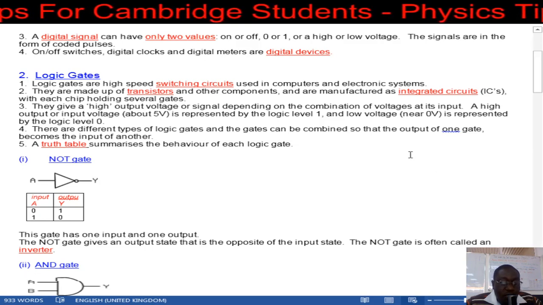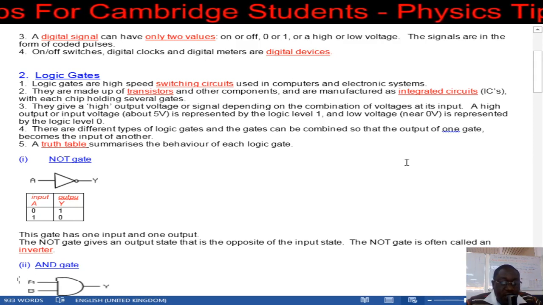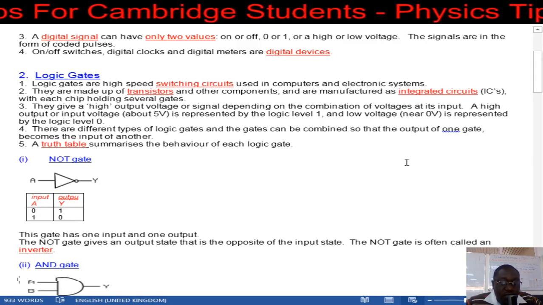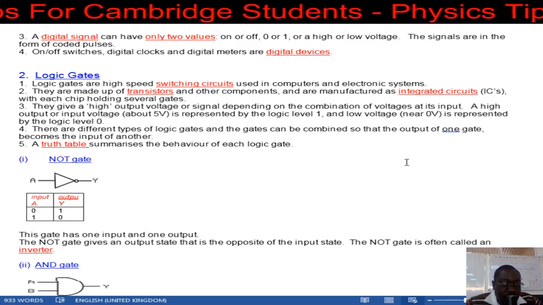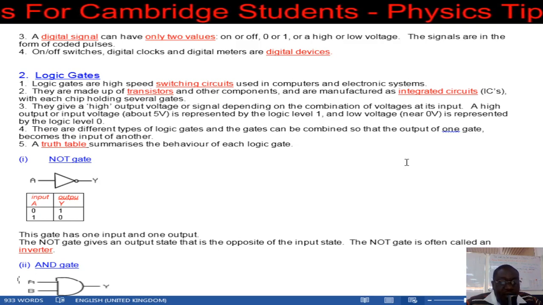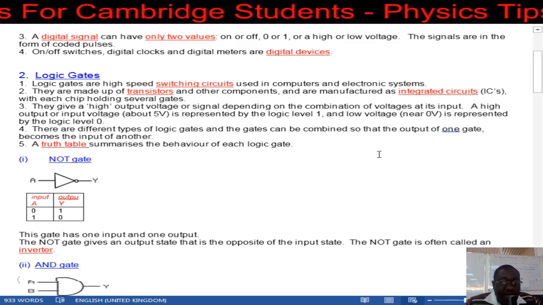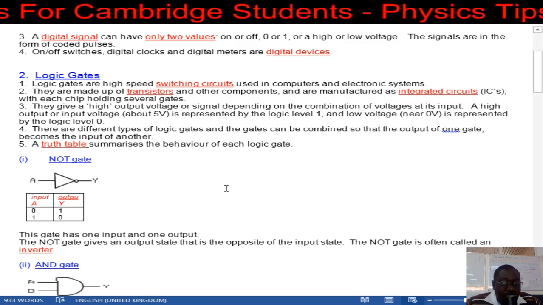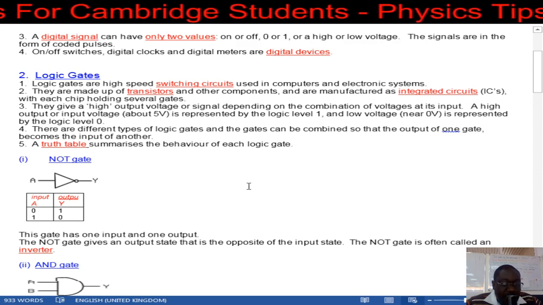A high output or input voltage is represented by the logic level 1, and low voltage, that is near 0, is represented by logic state 0. There are different types of logic gates, and the gates can be combined so that the output of one gate becomes the input of another. Truth tables are drawn to summarize the behavior of logic gates.